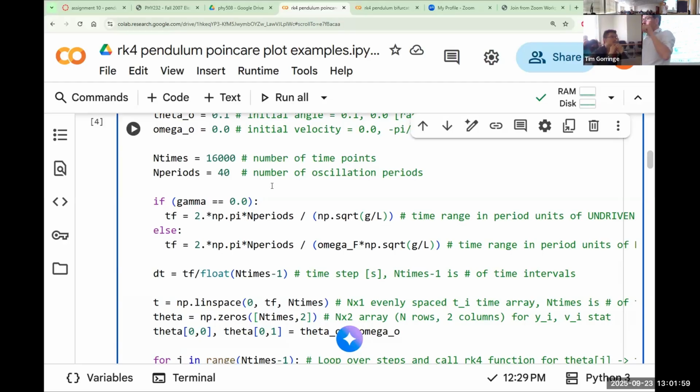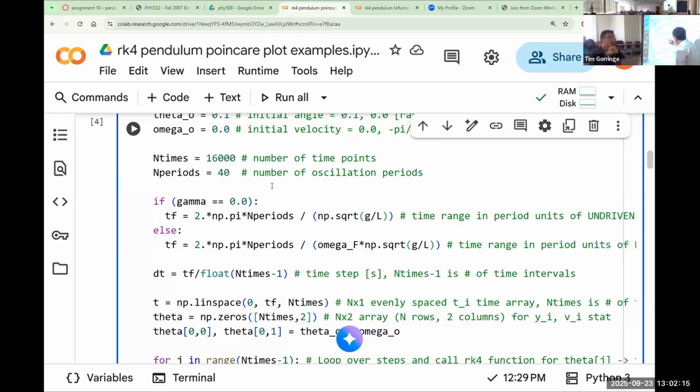So I'm taking the natural period and multiplying it by the number of periods to get the full time range. So this equation makes the full time range 40 natural periods.